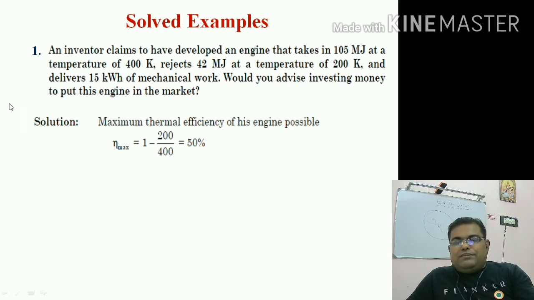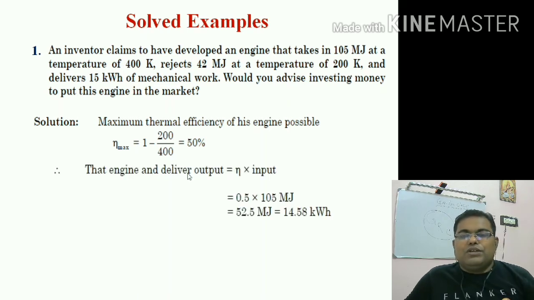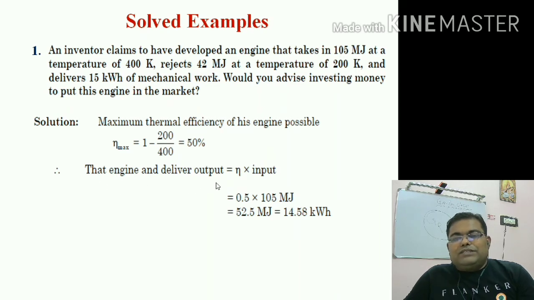We know the maximum efficiency and the input heat, so we can get the maximum possible work output, which is 0.5 times 105, which is 52.5 megajoule, or 14.58 kilowatt hour. This is the maximum possible work that can be generated if all the processes are reversible.